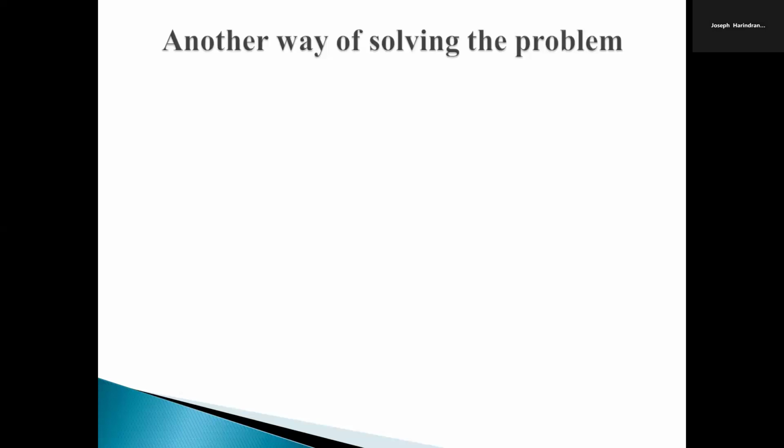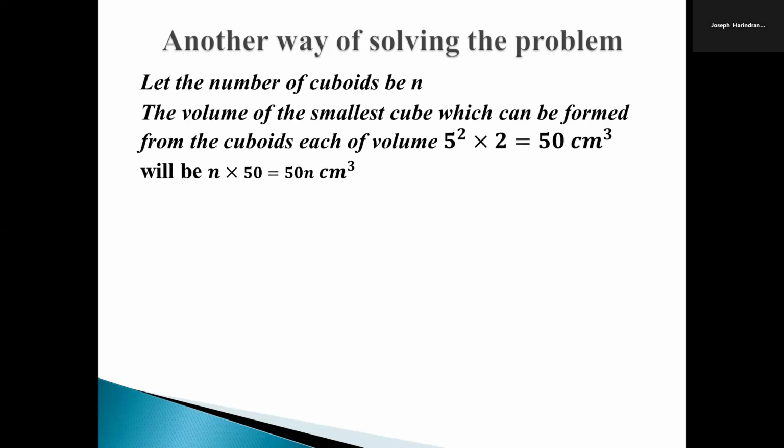Another way of solving this problem is, let the number of cuboids be n. The volume of the smallest cube which can be formed from the cuboids, each of volume 5 squared into 2, that is 50 centimeter cube, will be n into 50, because each cuboid is 50 centimeter cube.